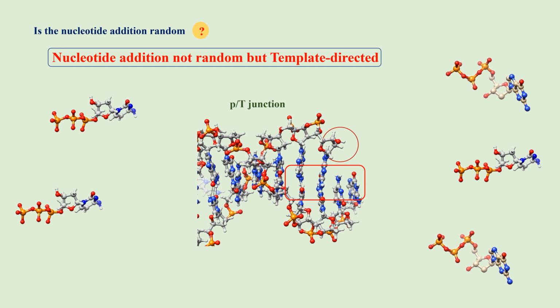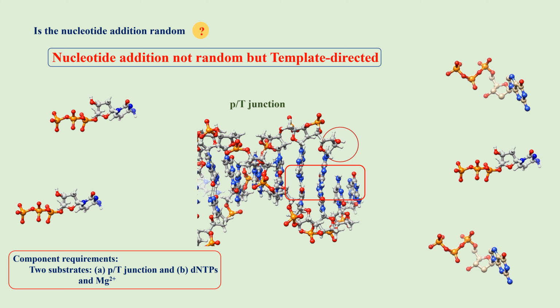The component requirements for the nucleotide addition or polymerization reaction are thus two substrates, the PT junction and 4 dNTPs. We also have the requirement for magnesium ions.